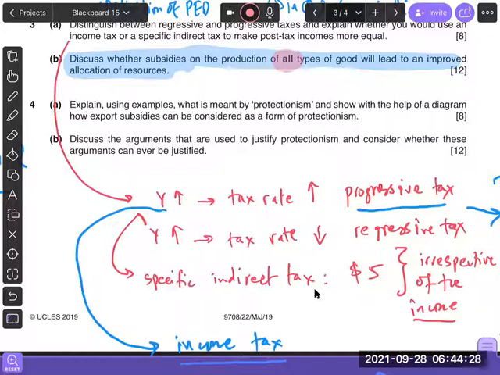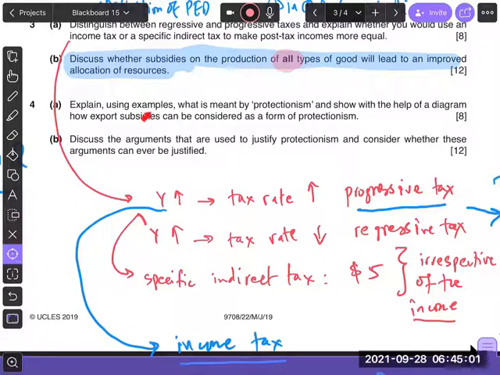It means to provide. So under provision means under provided. Either consumers are not asking for it or producers are not asking for it. Coming back to subsidy, does it improve the allocation of resources for all the goods? The answer is no, it does not. So this is our conclusion.